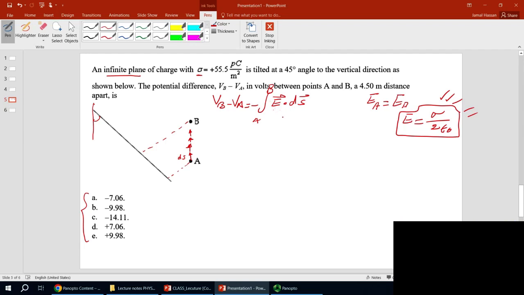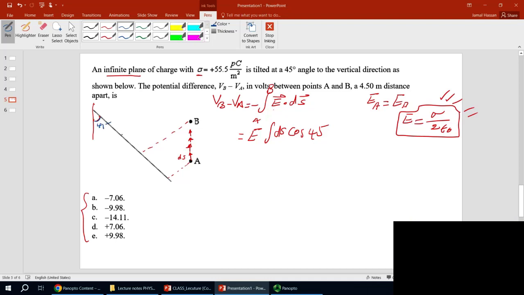Okay, so simply now we need to evaluate the integral. Because electric field is constant, I could take it out from the integral, and we are left with the integral of ds. Now the angle between electric field and the ds obviously gives a cosine 45, right? Why is that?